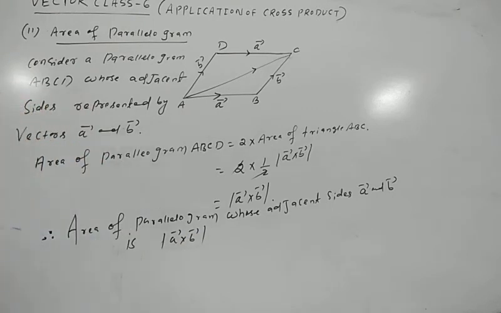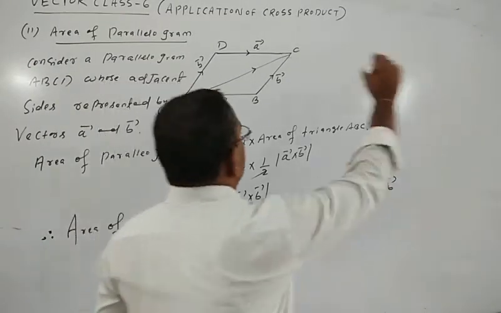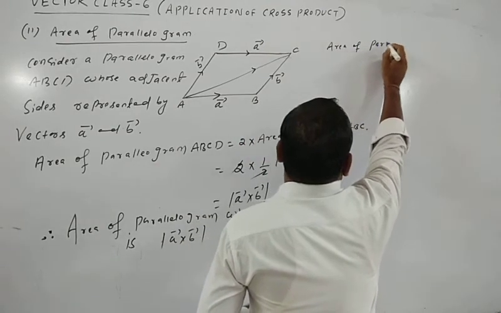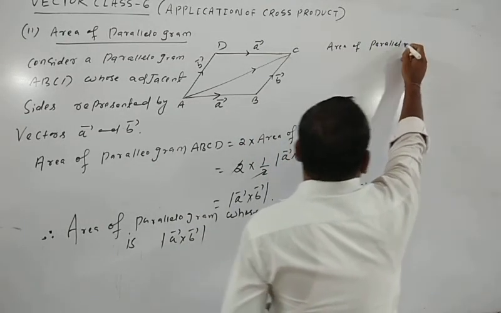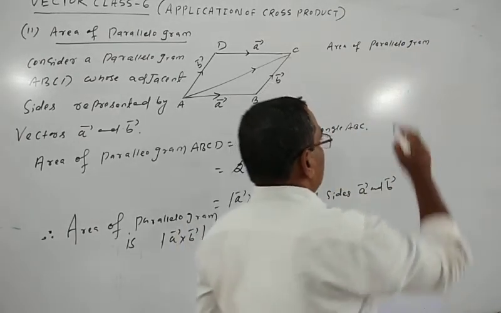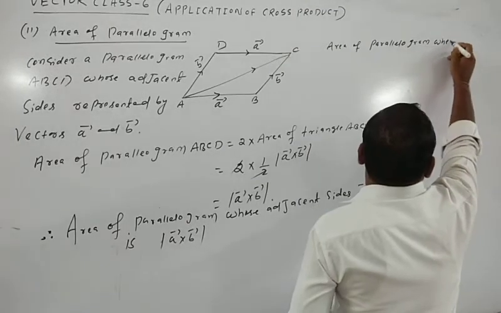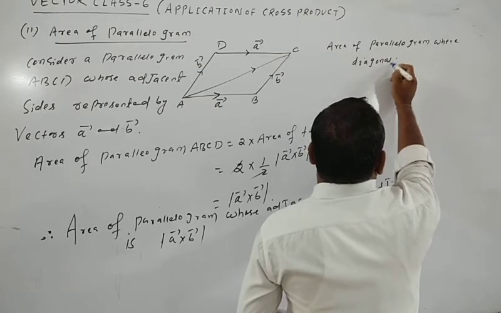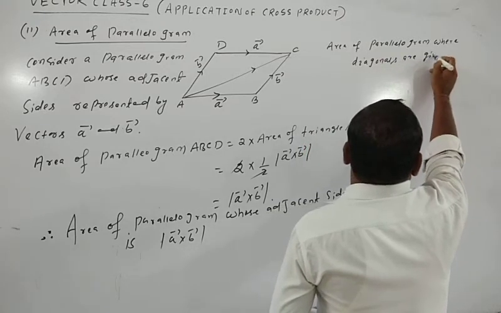Okay, but if diagonals are given, then what will be the area of the parallelogram? Now to find the area of a parallelogram in terms of diagonals, the area of a parallelogram where diagonals are given.